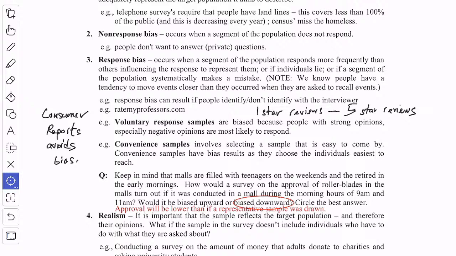Okay, then there's convenience samples. So that's when you actually approach people who are willing to talk to you and ask them a question, as demonstrated in the video, and that can create bias for sure, because you're just getting the people who are easier to reach.